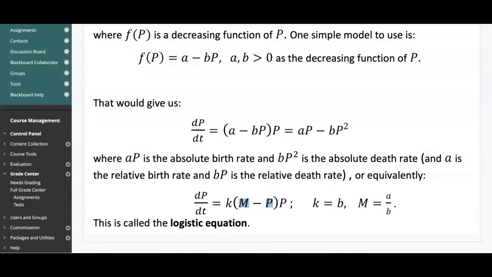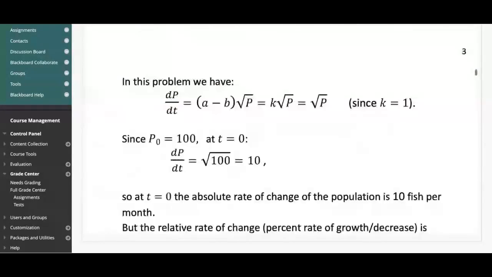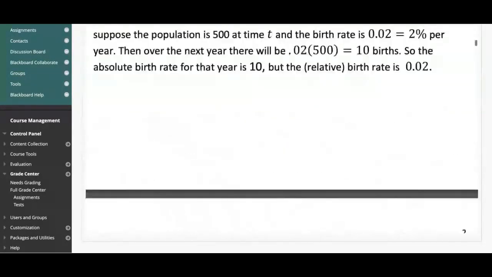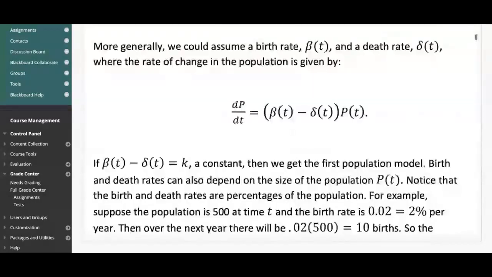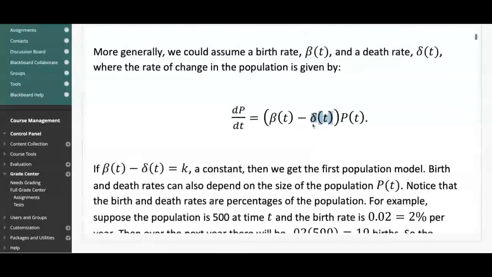Okay, you see, when we talk about birth rate, death rate, right? Let's start from the very beginning, actually, because the logistic equation comes from there. With beta of t, delta of t.